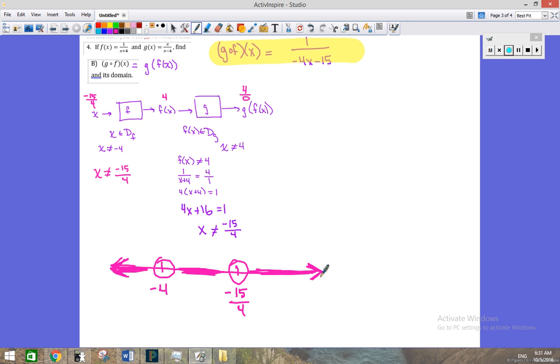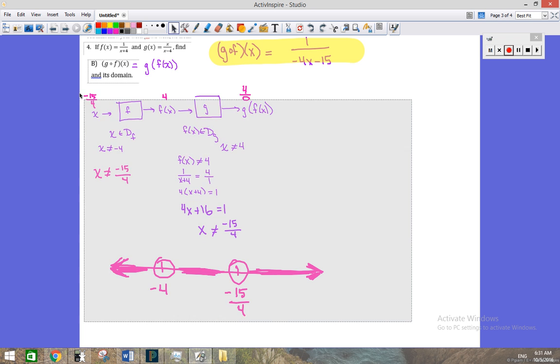So here is the set of numbers we need to describe in interval notation to give the domain of this function composition.